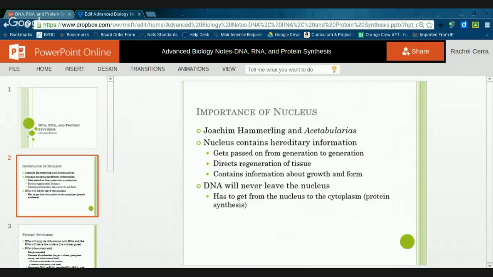Because if he did cut it horizontally, you'd only get a new organism from the bottom half, not from the top half. But if you cut it, like I said, vertically, then he ended up with two separate identical species. Then he decided to take it a little bit further, and he worked with two particular species of Acetabularius.